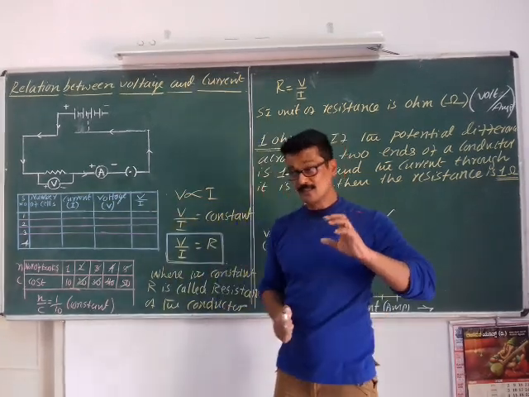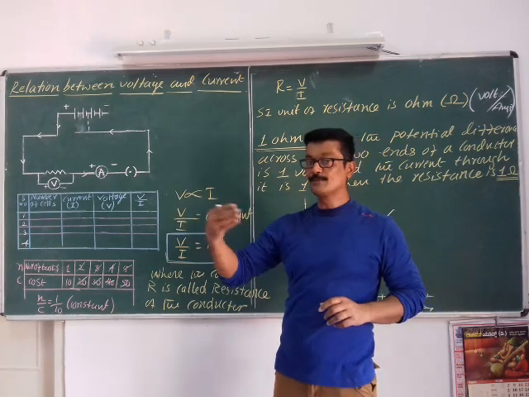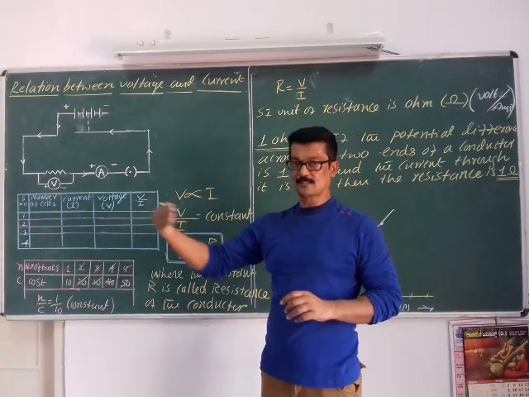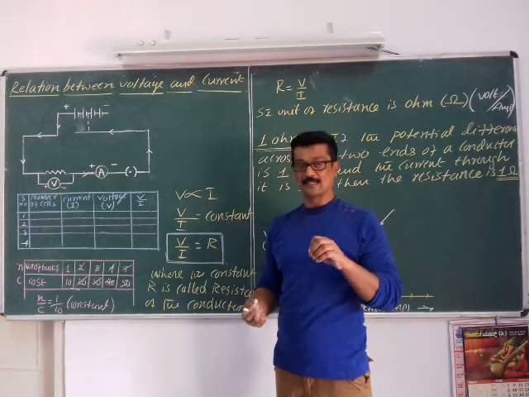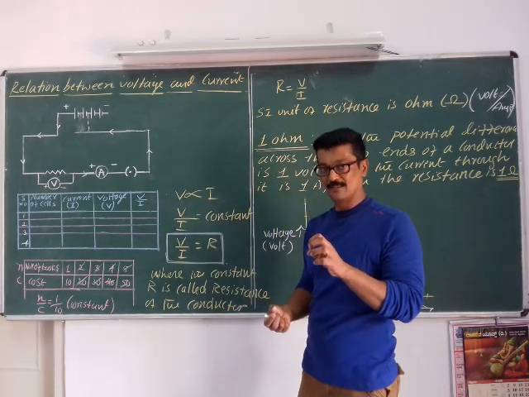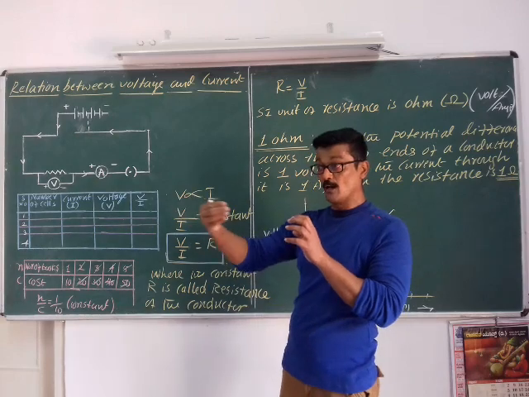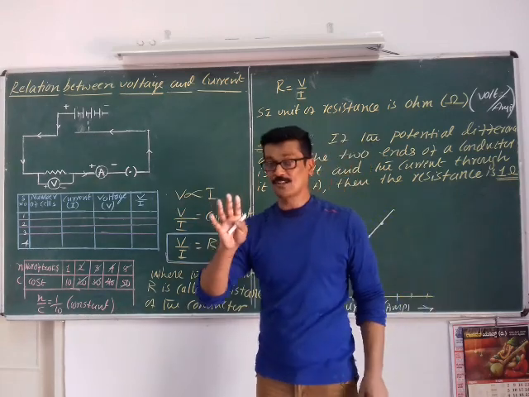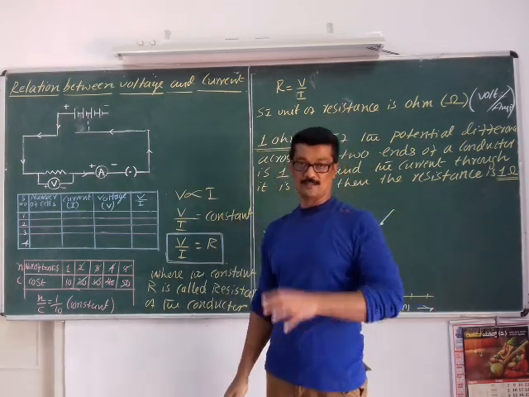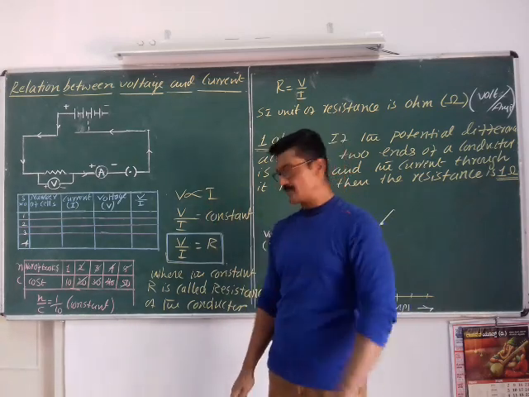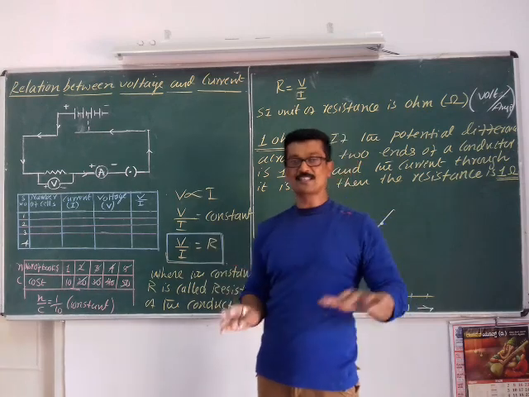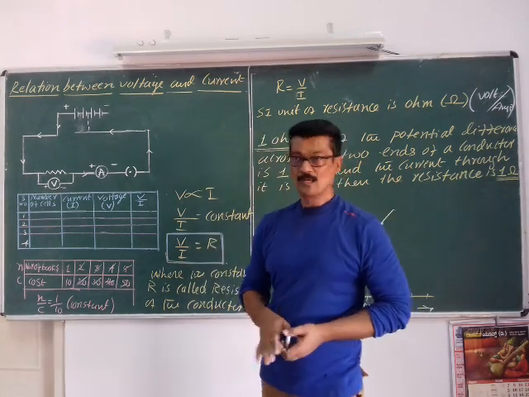The conductor obstructs the flow of charges. While the charges are flowing through the conductor, the atoms obstruct the flow of the charges. That obstruction or opposition to the flow of charges by the conductor is called resistance of the conductor.